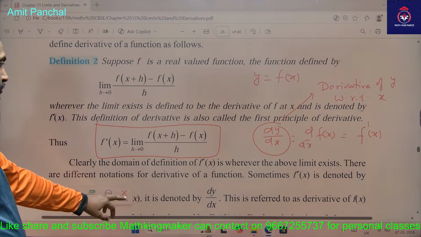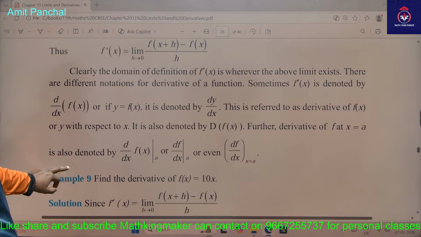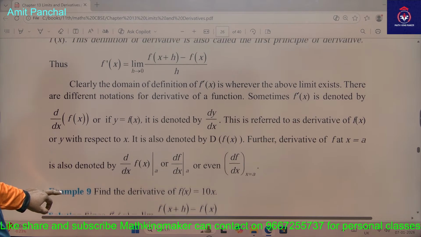Done? Okay. Now just find the derivative of 10x.